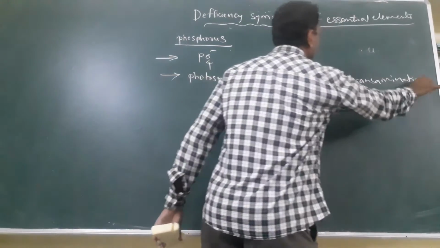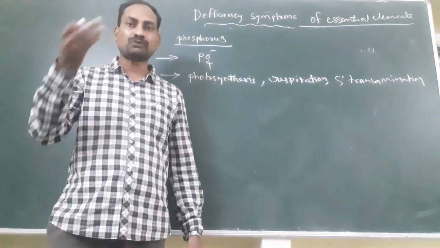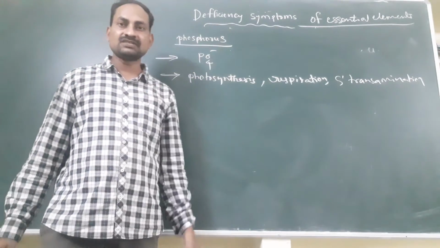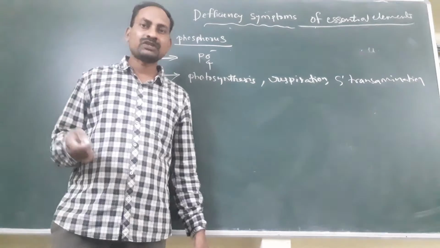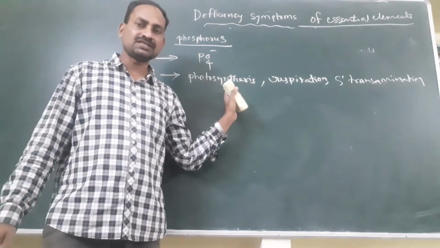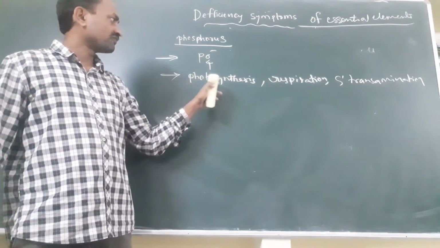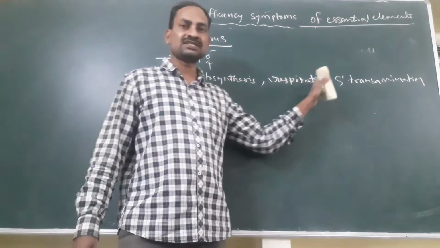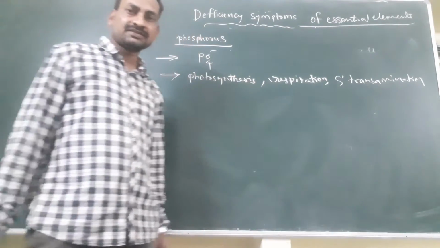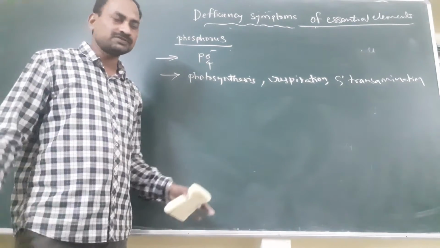So in all these pathways there are so many phosphorylation reactions, and in all those phosphorylation reactions, phosphorus is involved. Without phosphorus, all these phosphorylation reactions will cease, so that finally photosynthesis, respiration and transformation reactions do not occur in the plant. So total metabolism of the plant will collapse.